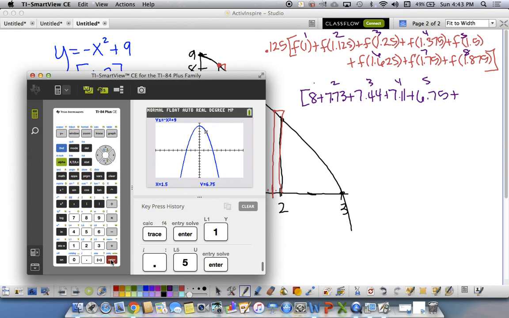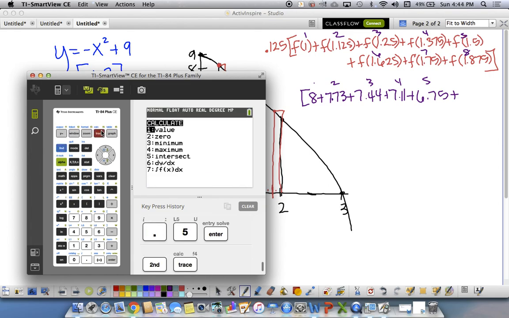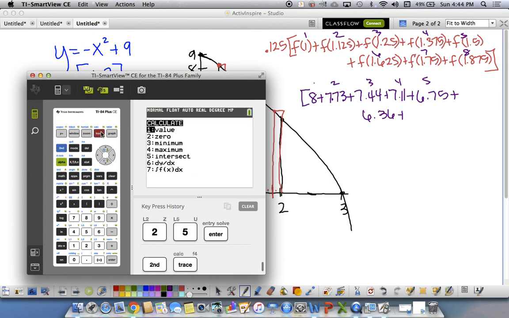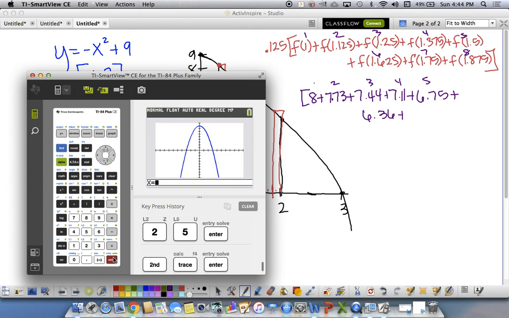I'm at the 6th one. So I'm going to hit second calculate. This is just time consuming. And you'll be very mad when you're like, hey, there's a shortcut? Sorry. 0.625. But it's good to know. So here we have 6 is 6.36. Second calculate. Value. What happens if we divide it into 20 intervals?